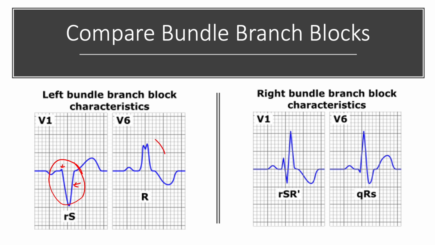And then looking in lead V6 in this tall R wave, there is some notching present. Over on the right, looking at right bundle branch block, you can see in this example, there is an R, an S, and an R prime. And then that is that terminating R wave that confirms that this is a right bundle branch block.